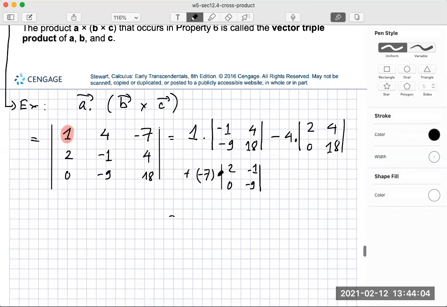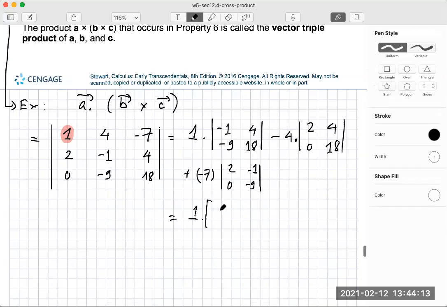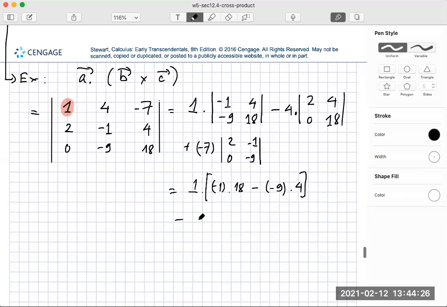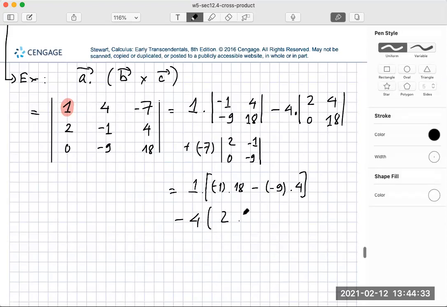Here, then this guy would be 1 times -1 times 18, right? And what is it? Yes, or -9 times 4 minus 4 times here, it will be. Thank you, Victoria.